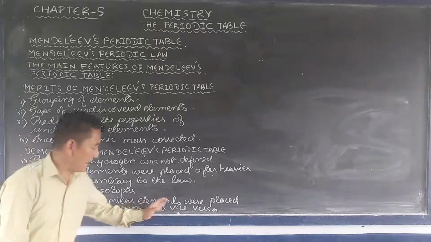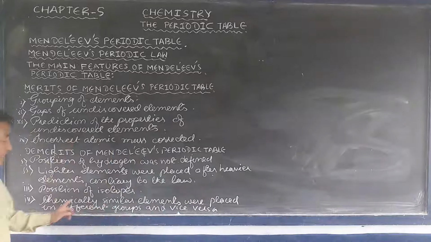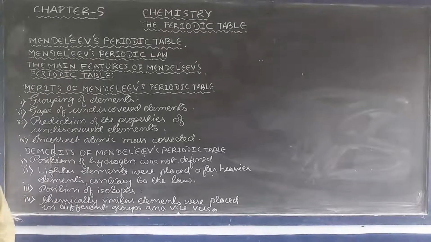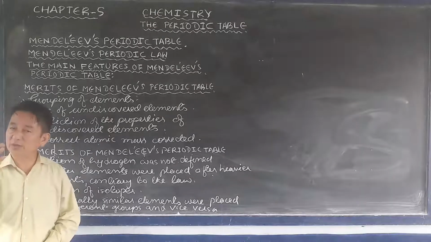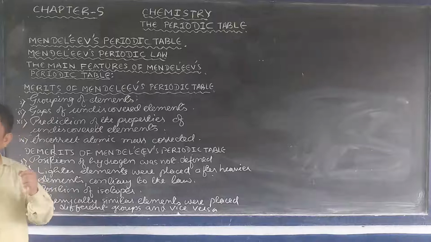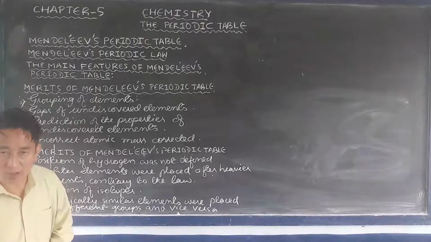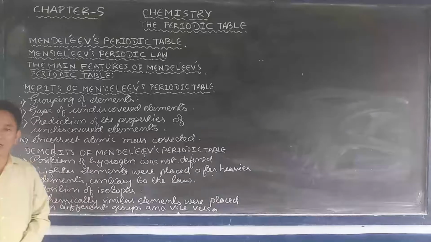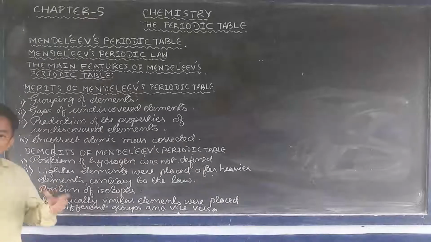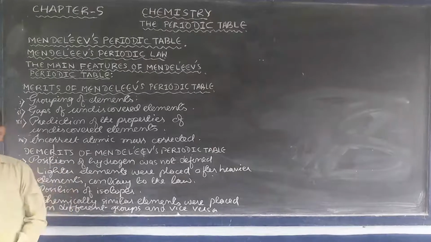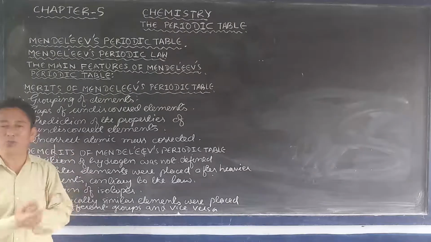Now the last one, number 4. Chemically similar elements were placed in different groups and vice versa. Like copper and silver, whose properties do not match with the properties of alkali metals, yet they are placed in the same group.